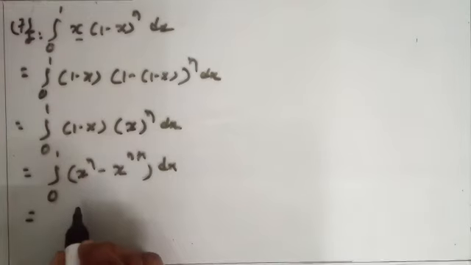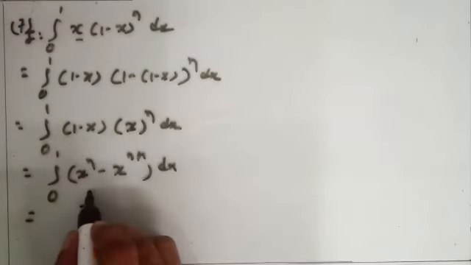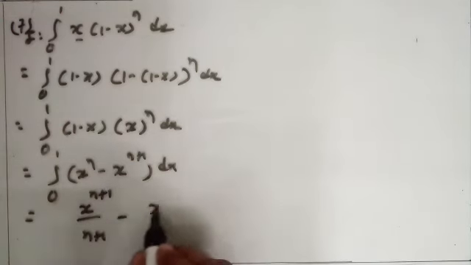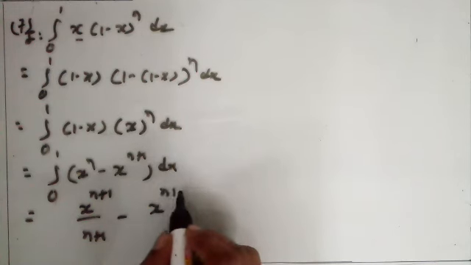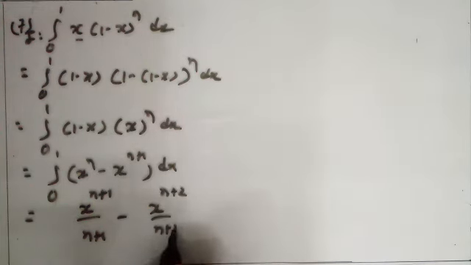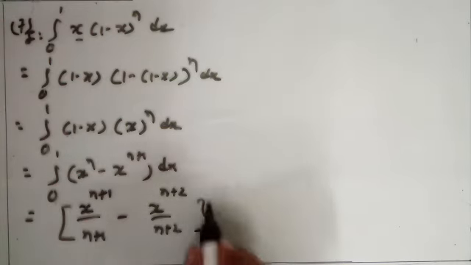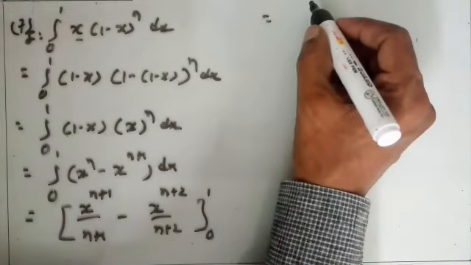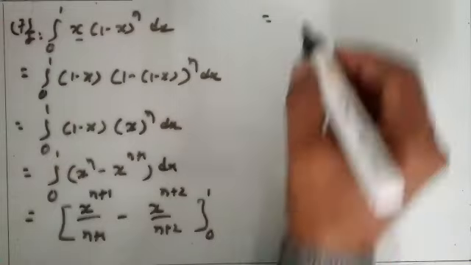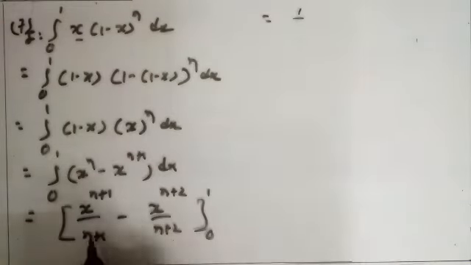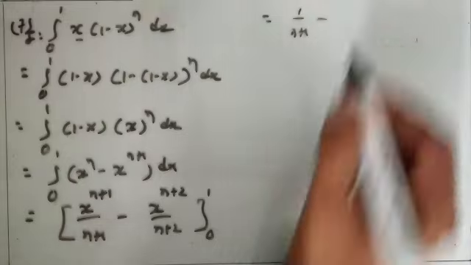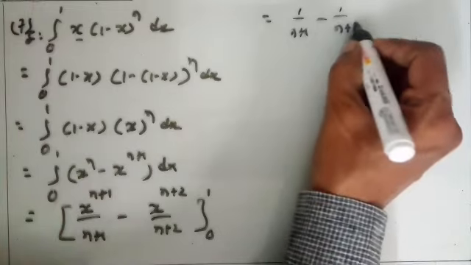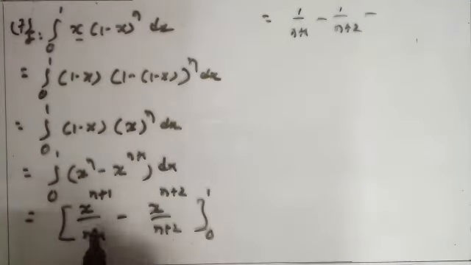Now get the integration of x raised to n. The integration of this is x raised to n plus 1 upon n plus 1, minus the integration of this, x raised to n plus 2 upon n plus 2, with limit 0 to 1. Now apply f(b) minus f(a). So 1 raised to n plus 1, that is 1 upon n plus 1, minus 1 raised to n plus 2, that is 1 upon n plus 2, minus 0 upon any number becomes 0.